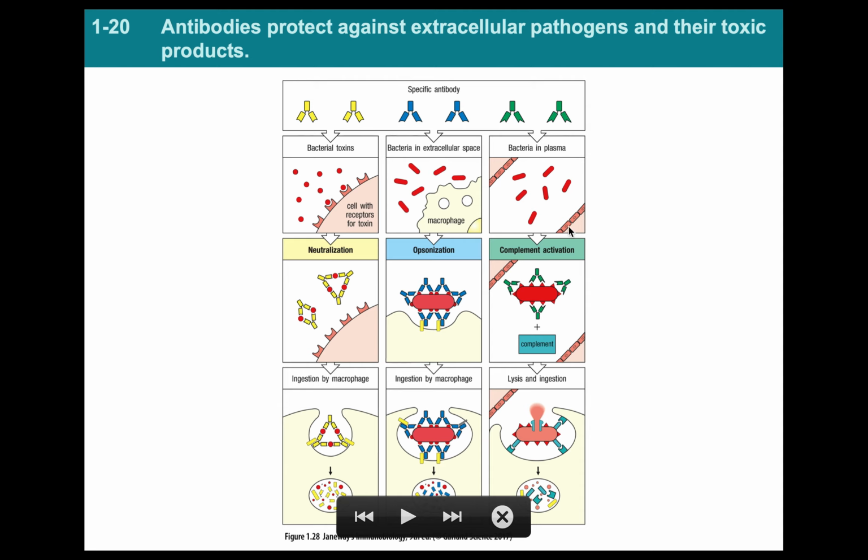And they can also serve as a point where you can start activating what's called the complement cascade, which is another thing circulating in your bloodstream that will kind of non-specifically kill off bacteria and punch holes in them so that they can die. And not only will you punch holes in these bacteria so they die, you will also eat them.